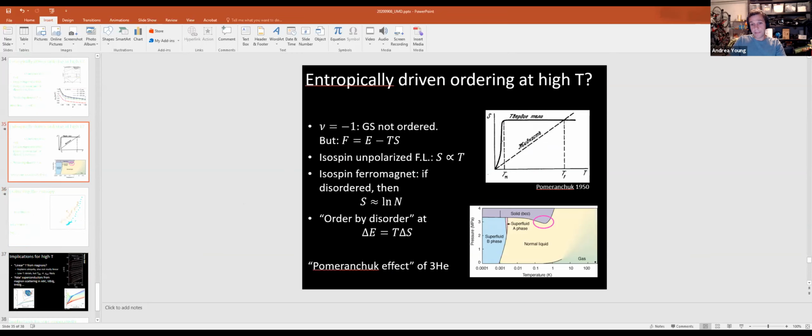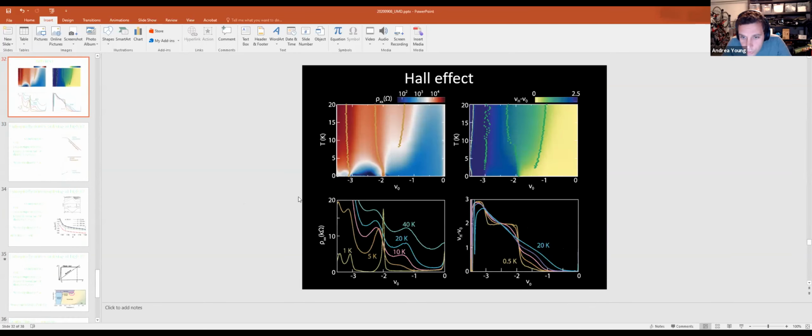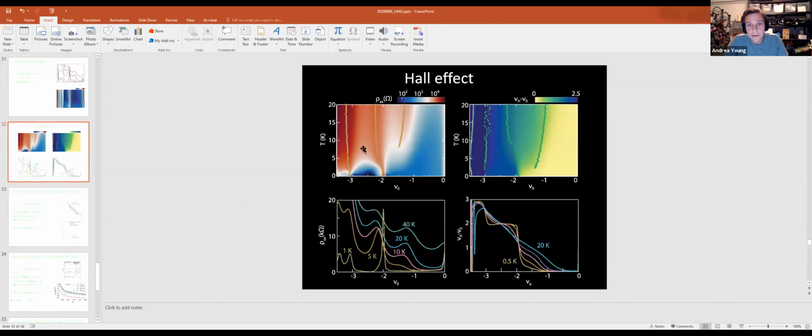But I thought that where you see superconductor, you're not seeing this Pomeranchuk effect, right? So let's see. This is as a function of temperature, right? The thing is that where you see superconductivity is between nu equals -2 and -3.